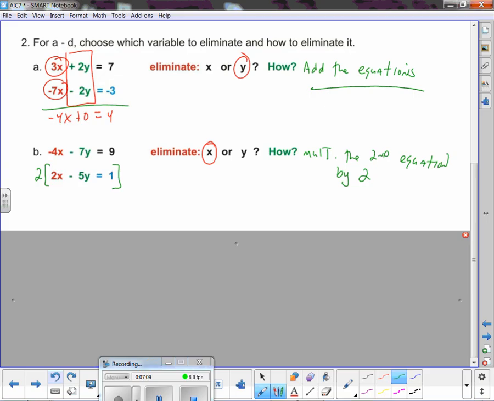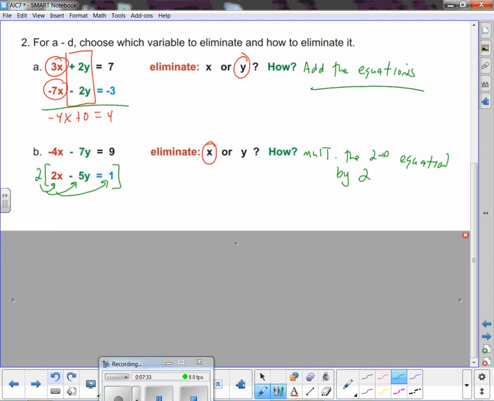Now, when you actually do this, and we'll do some examples of the full problem in a minute, you would be distributing this 2 to each of the terms, making a new second equation. And our x's would be eliminated. That's the concept. That's the idea.